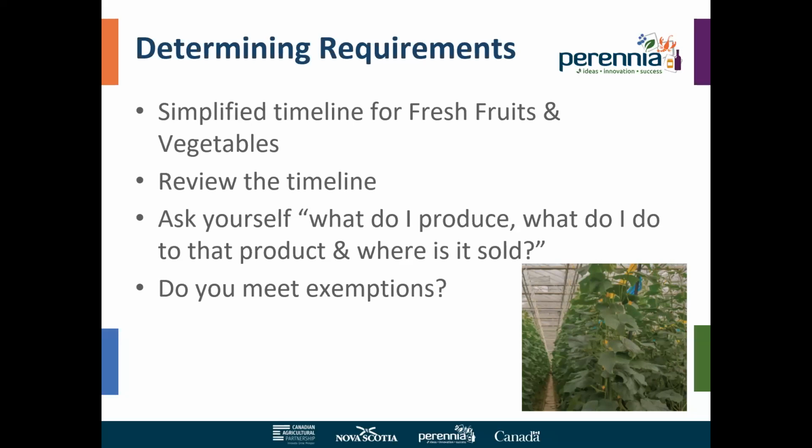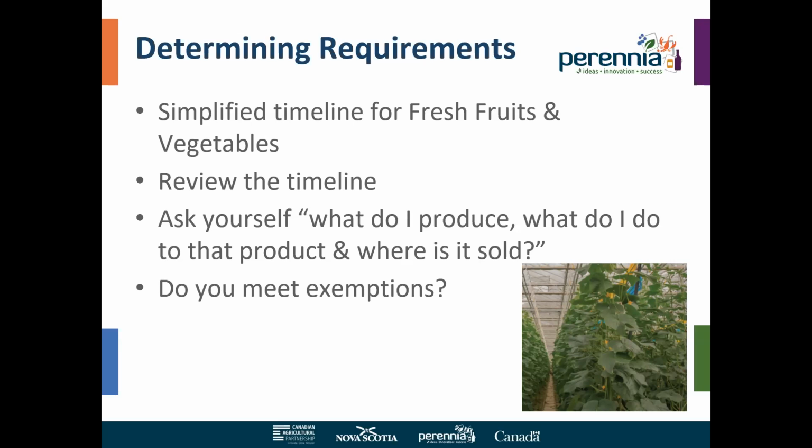The easiest way to do this is to ask yourself, what do I produce? What do I do to that product? And where is it sold? So keep in mind that the scope of the Safe Food for Canadian regulations is the exporting and the importing and interprovincial trade. And of course, it's product for human consumption.